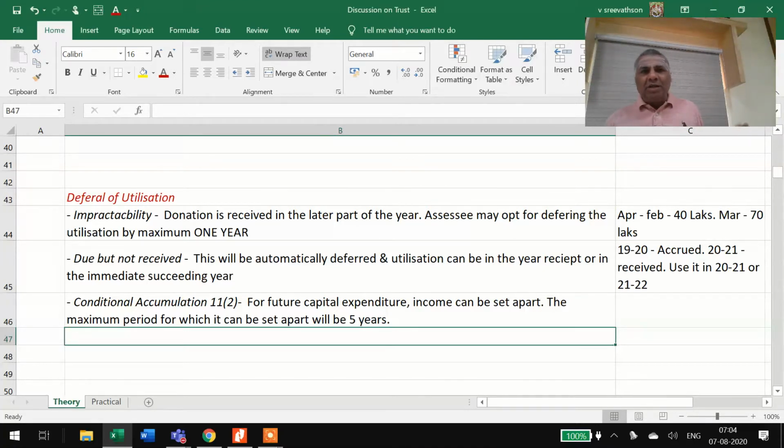Due but not received: defer the utilization. You have received the money, but you say that in the future I want to accumulate some funds so that I can buy that capital equipment, or construct a new block, or celebrate a particular occasion. So conditional accumulation.